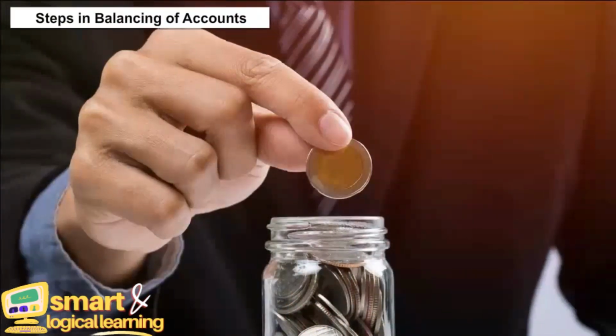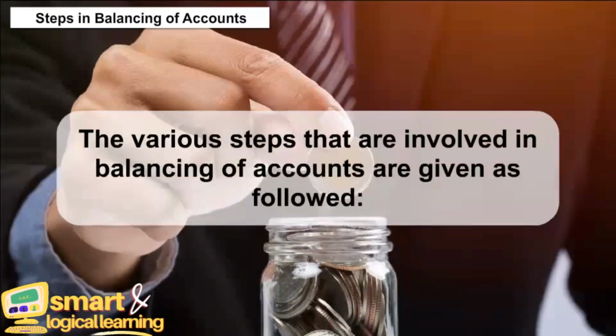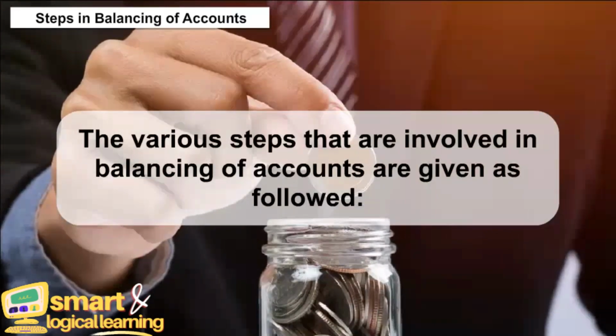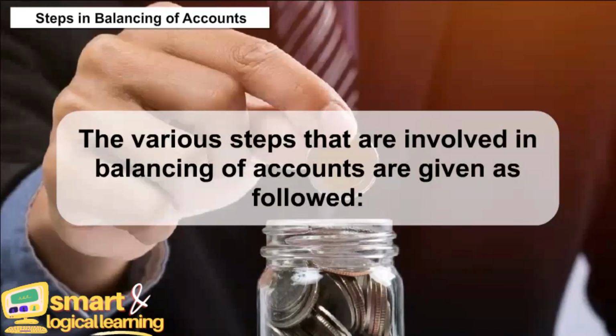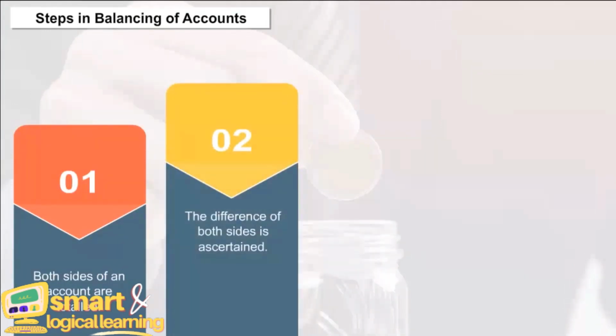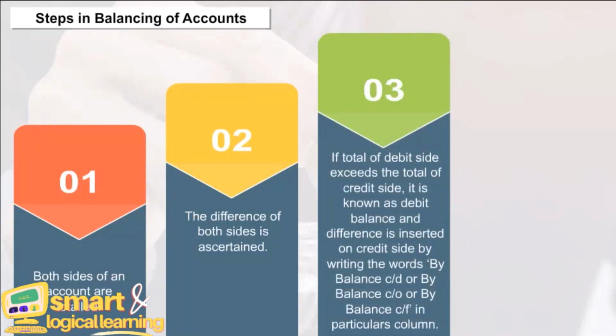Steps in balancing of accounts. The various steps that are involved in balancing of accounts are as follows. 1. Both the sides of an account are totaled. The difference of both the sides is ascertained. If total of debit side exceeds the total of credit side, it is known as debit balance, and the difference is inserted on the credit side by writing the words 'by balance c/d' or 'by balance c/o' or 'by balance c/f' in the particulars column.